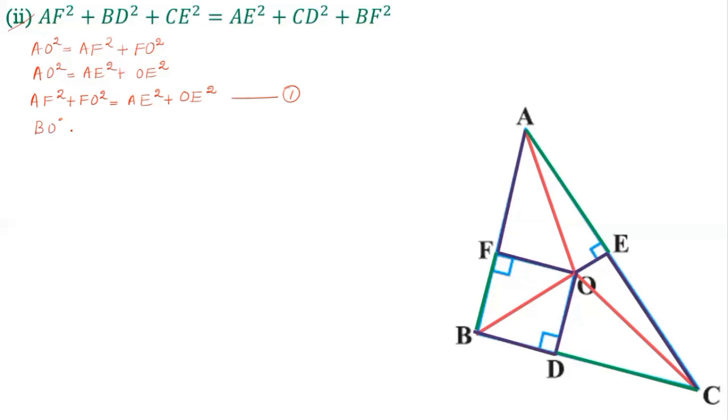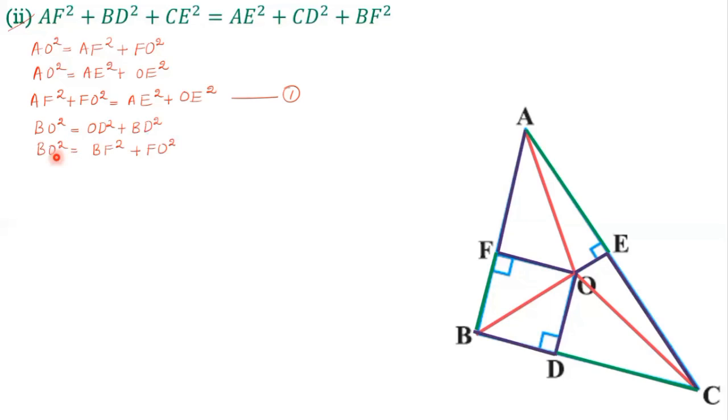So, in triangle ODB, BO square is equal to OD square plus BD square. And in triangle OFB, angle OFB is equal to 90 degrees. So, OB square is equal to BF square plus FO square.